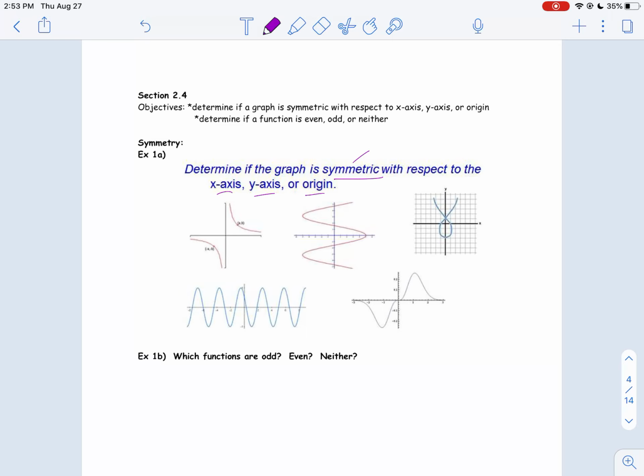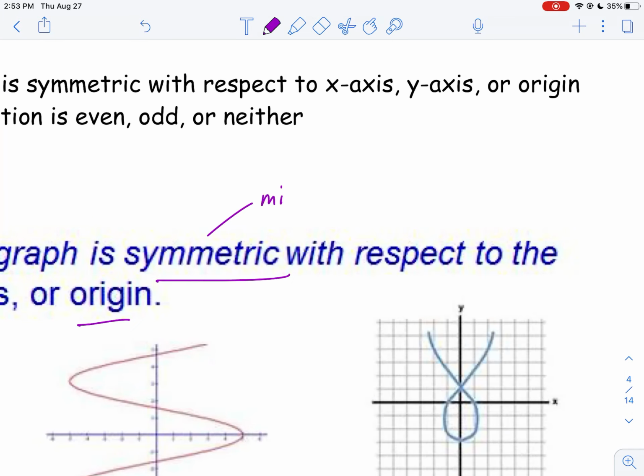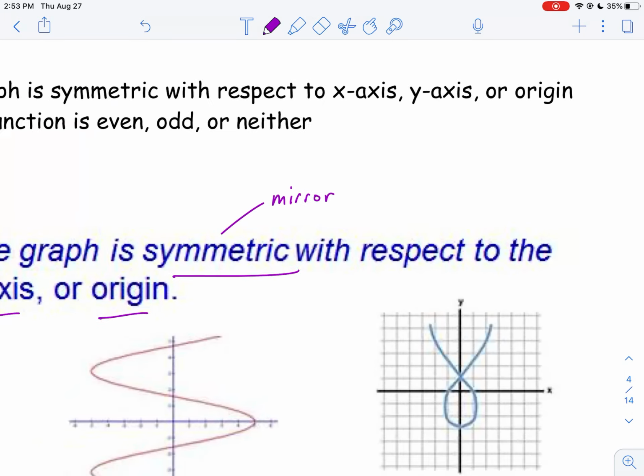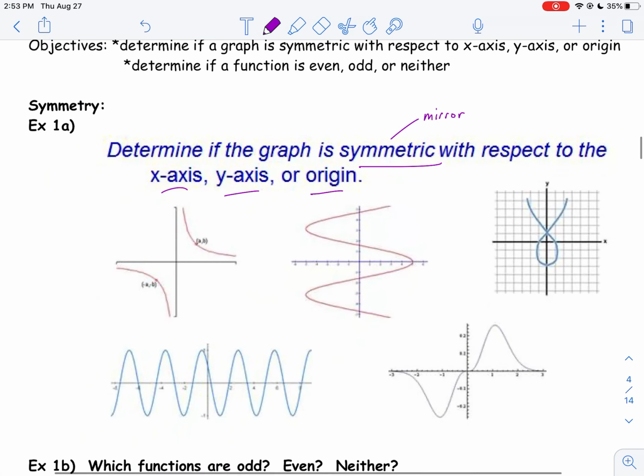Okay, symmetry, hopefully you're thinking about the word mirror. That's pretty good for x and y axis. Origin, we're going to talk about this a bit more, but it's a rotation of 180 degrees around the origin. So this first one here, if you think of this as a mirror, is there a symmetry across the y?